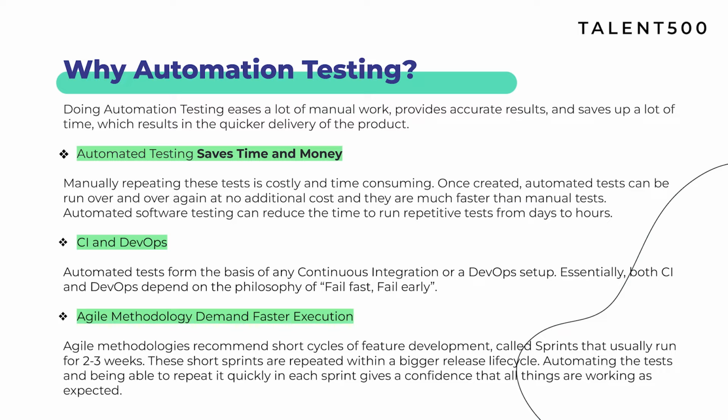Your testing will only start automatically if you have automation test scripts, right? So if you are targeting DevOps or CI/CD in your project, automation is the only way. Not good to have, but must have. So once it is deployed in the test phase, automatically your automation test script will execute.